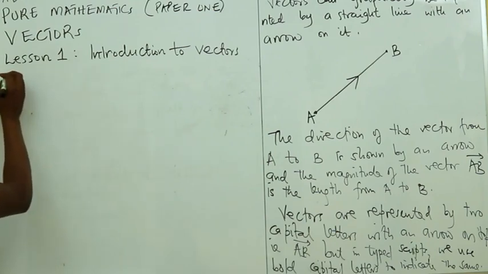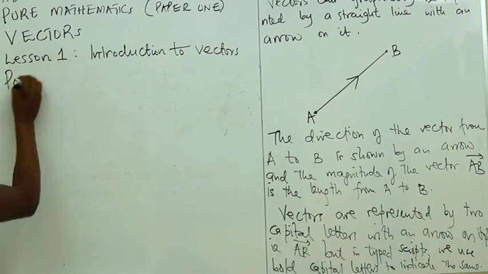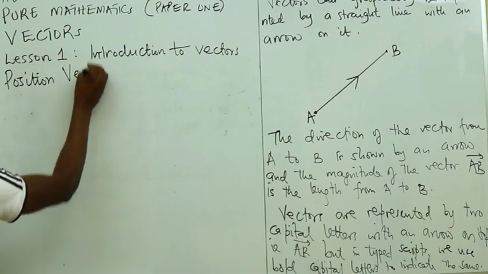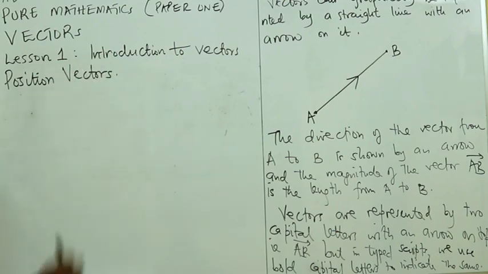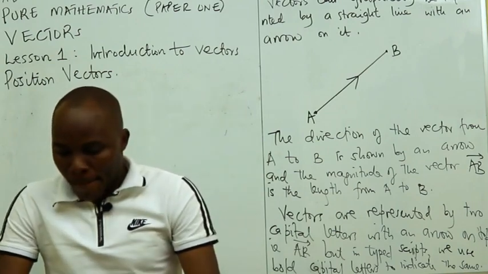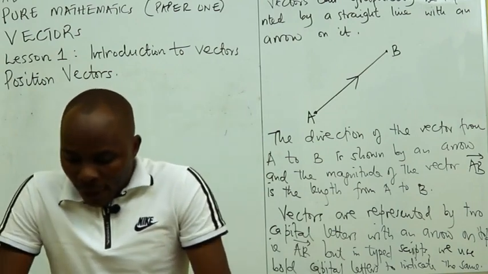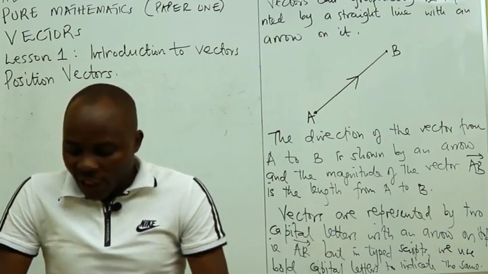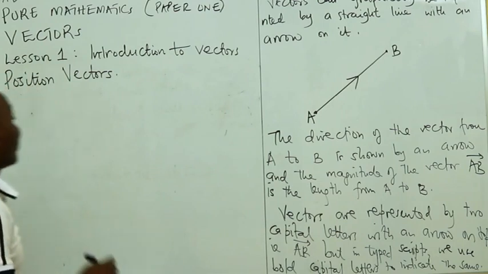Position vectors. A position vector is a vector which represents or indicates the location or position of a given point.